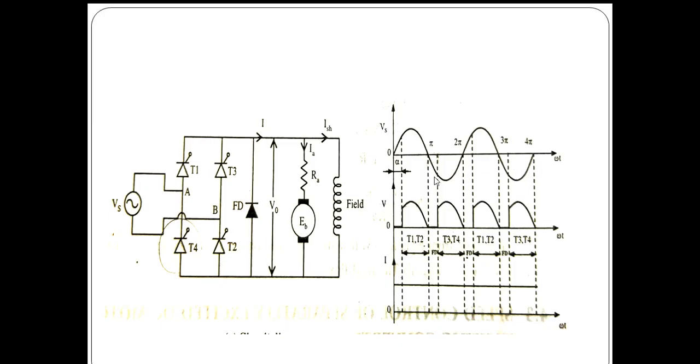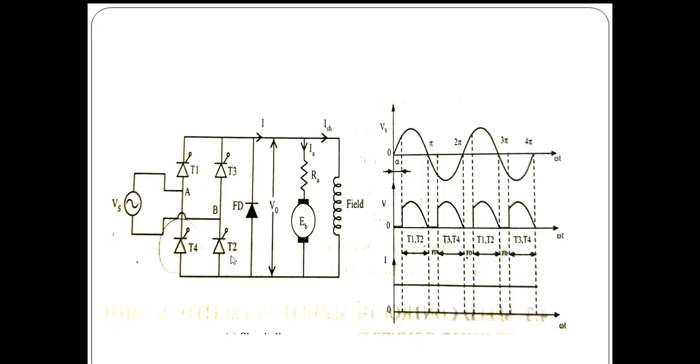So this is the complete cycle, and this portion is for the positive half cycle and this portion is for the negative half cycle. During the portion 0 to pi, thyristors T1 and T2 are forward biased, and during the negative half cycle thyristors T3 and T4 are forward biased.